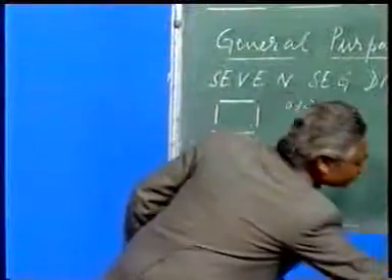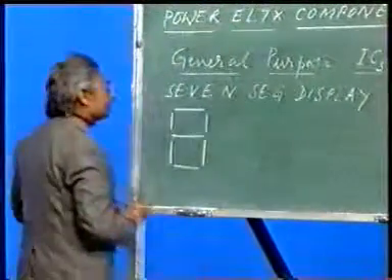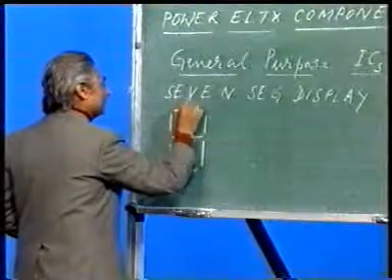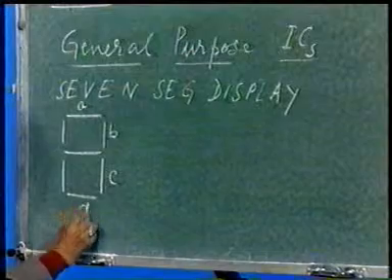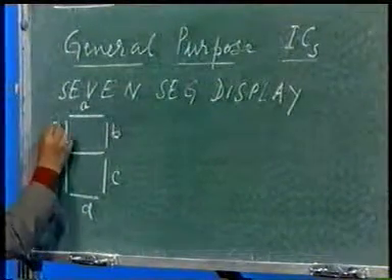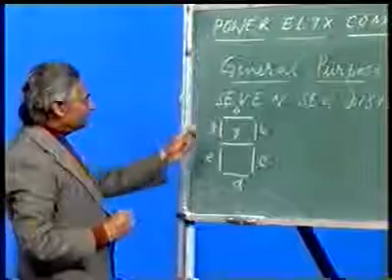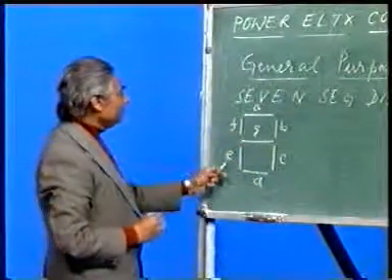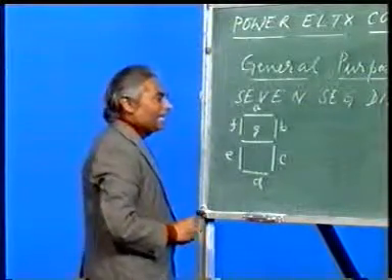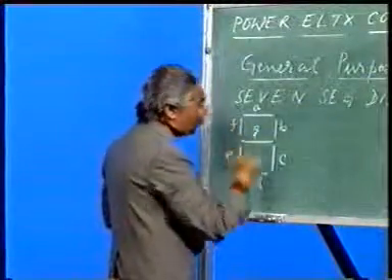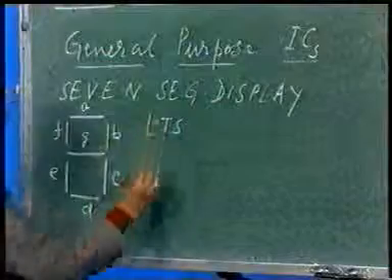Now let us see what these segments stand for. They are A, B, C, D, E, F and G. Now if I go to the IC, there is one LTS 542.